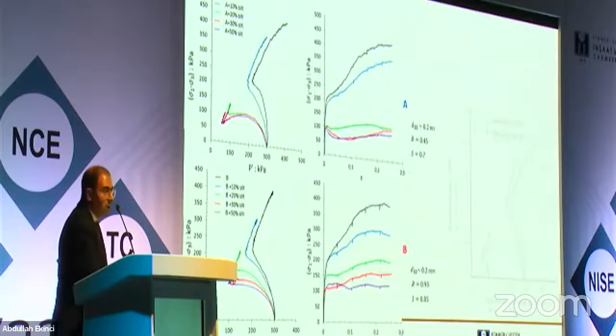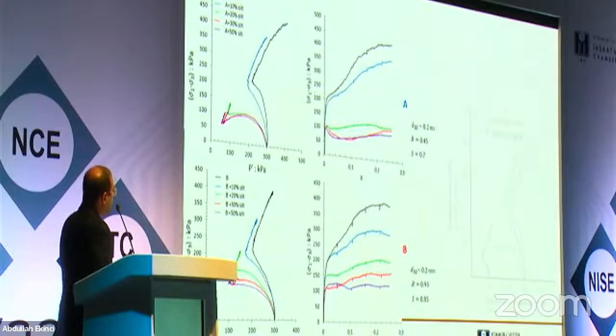Now this time, going back to sands A and B, again B is rounder than A, same size, same mineralogical composition, same sorting. This time I mixed the sand with silt, crushed from the sand itself, with silt-sized quartz, mixed between 10 and 50%. On the left-hand side, the stress paths.